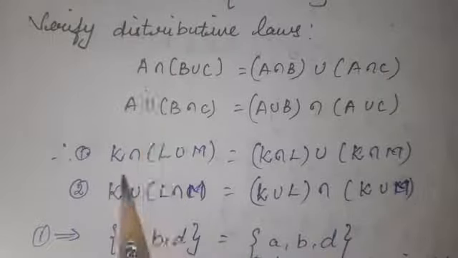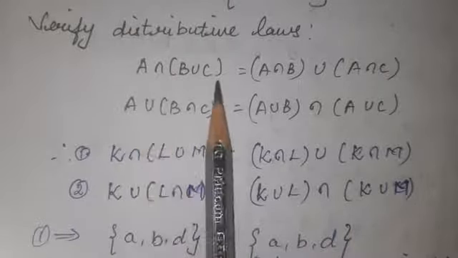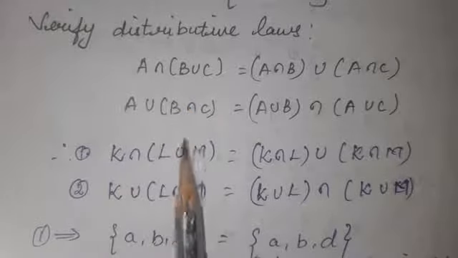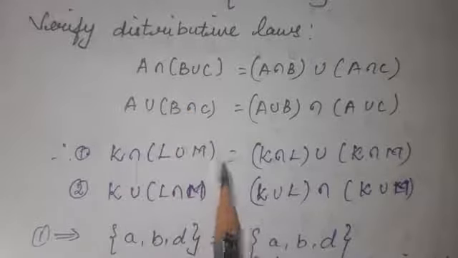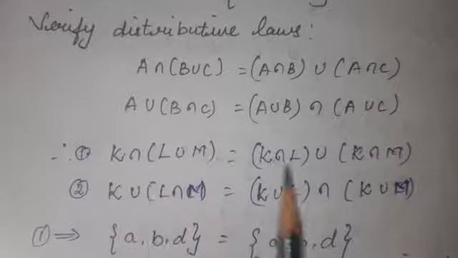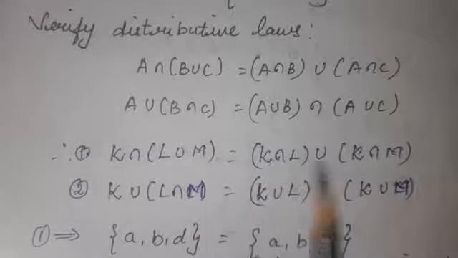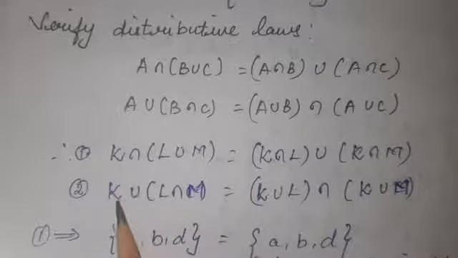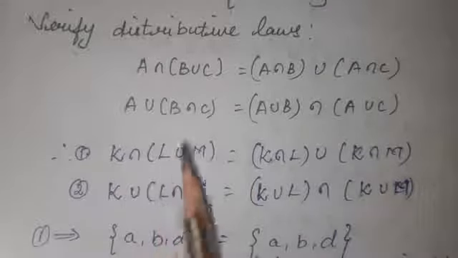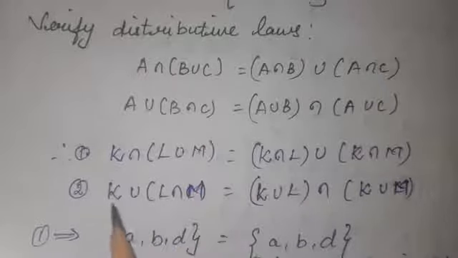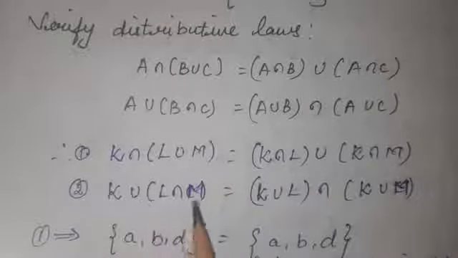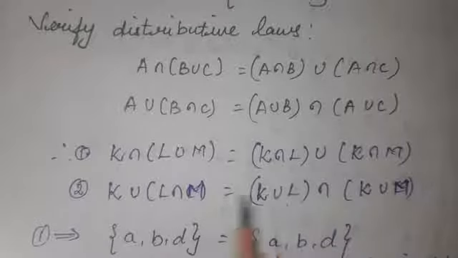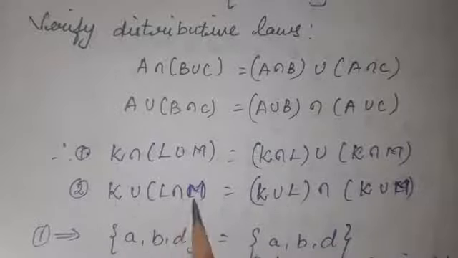What is this one? A intersection (B union C). Instead of that, it is K intersection (L union M) is equal to, multiplying this, (K intersection L) union (K intersection M). And then the second one: instead of A it is K, instead of B it is L, instead of C it is M. So K union (L intersection M) is equal to (K union L) intersection (K union M).